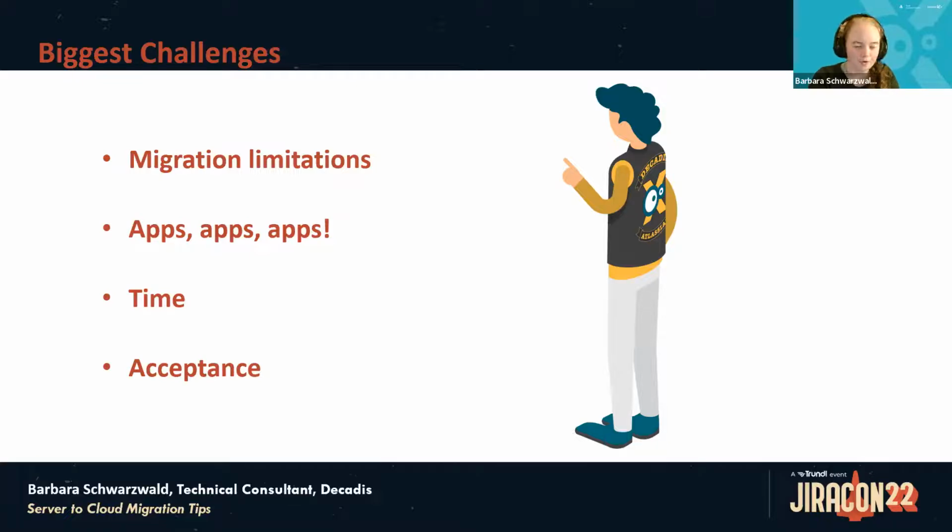So for both time and acceptance, testing is very, very important, because if you include your users early and make them feel included by including them in the testing, warning them early enough that the migration will happen, and not just sending an email, "By the way, next week is migration day, then we'll be in the cloud," that will help tons.